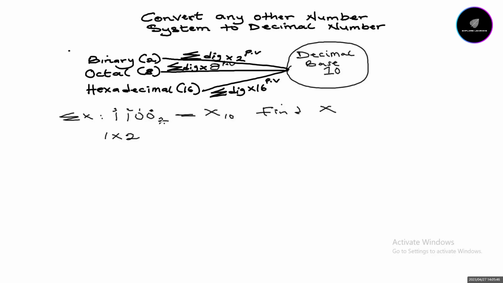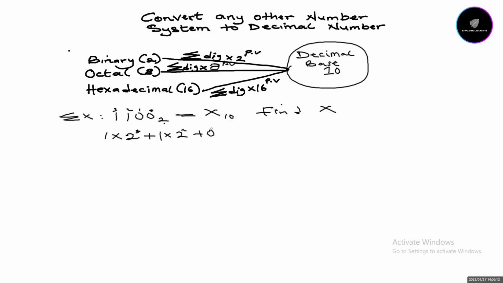Now raised to the power of the place value. What is the place value for this first digit? It's 3, so 2 raised to power 3, plus. We take the other value, 1, multiplied by the base, 2, raised to the power of its place value, which is 2. So 2 raised to power 2, plus the other value is 0.